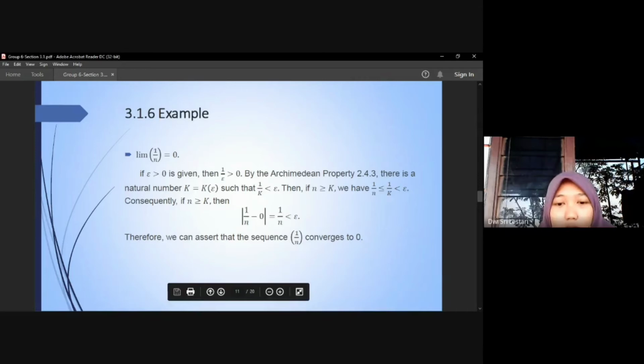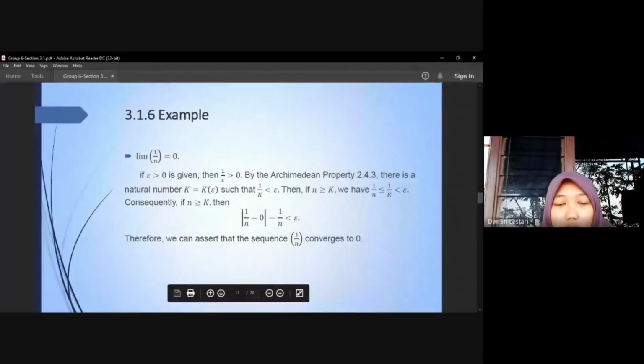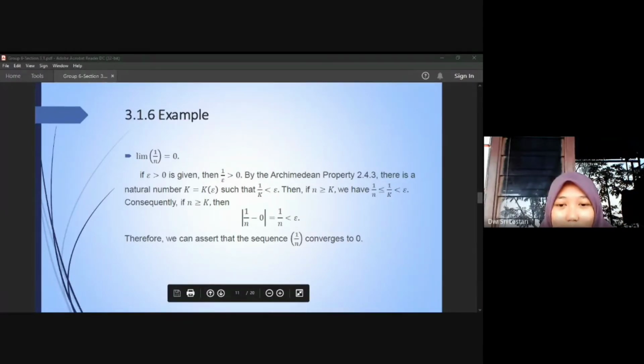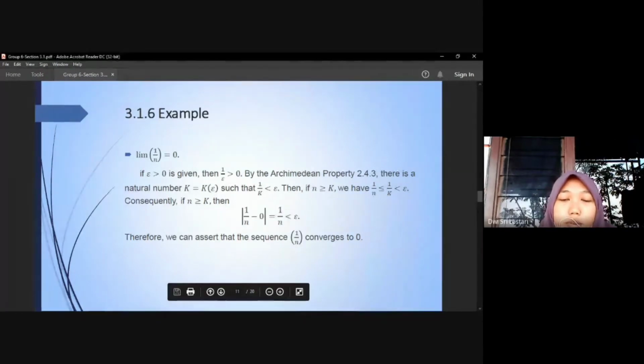Consequently, if n is greater than or equal to K, then the absolute value of 1 over n minus 0, which is 1 over n, is less than epsilon. Therefore, we can assert that the sequence 1 over n converges to 0.